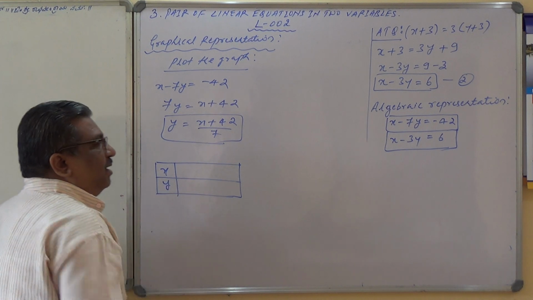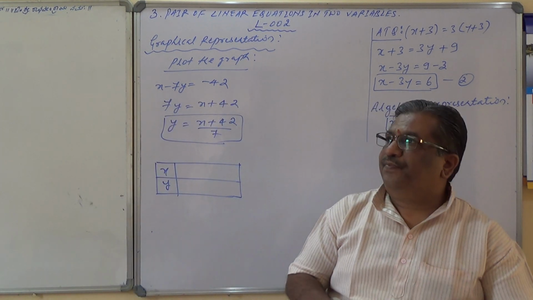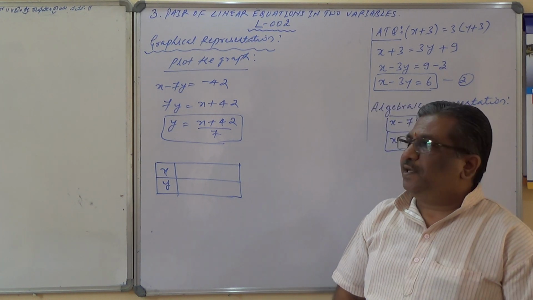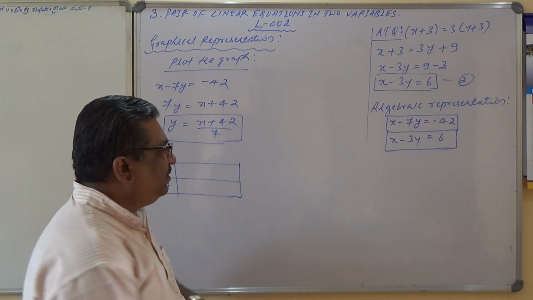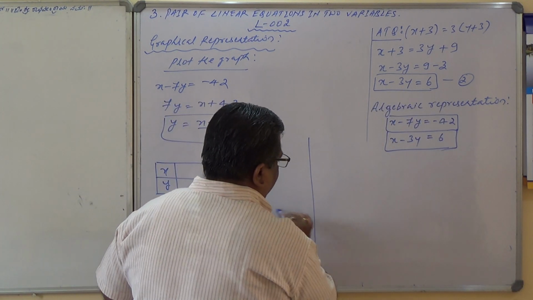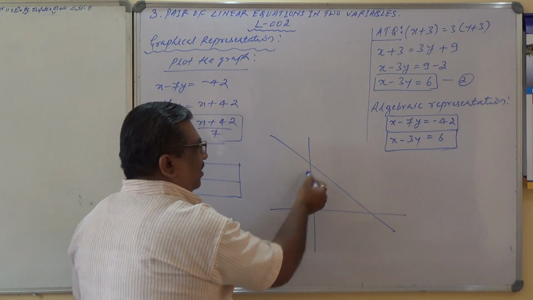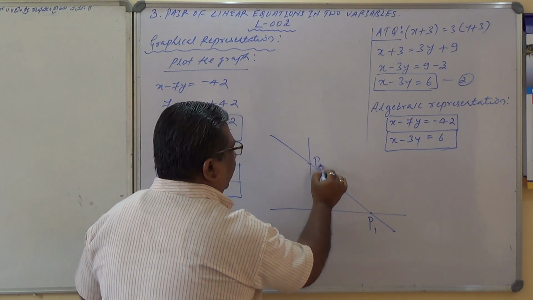x and y. In the last lecture I told you, while plotting the graphs, if we can obtain the values in terms of intercepts, only 2 points are enough to plot the graphs. Just a very small introduction to intercepts of the graphs. Say for example, in a graph, a line intersects the x-axis and y-axis at these points, here P1 and P2.